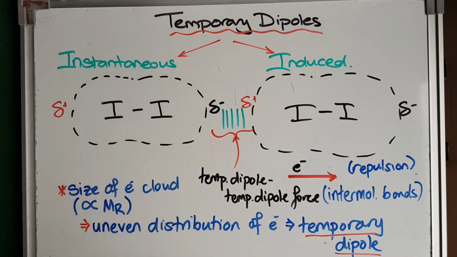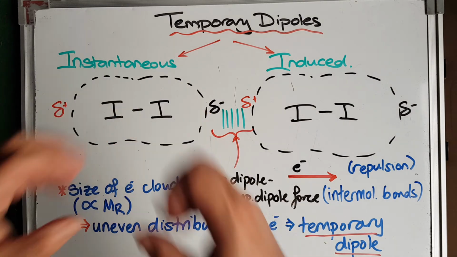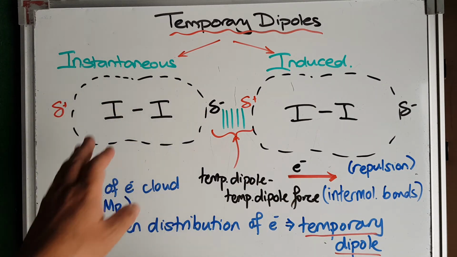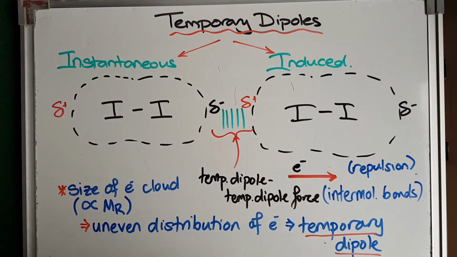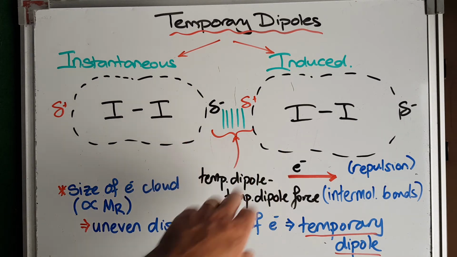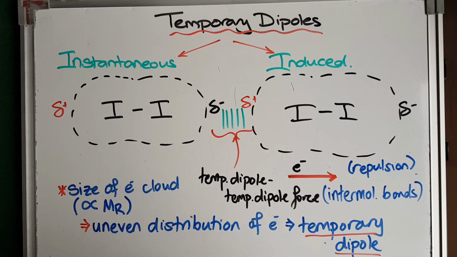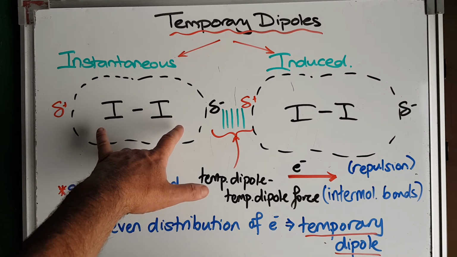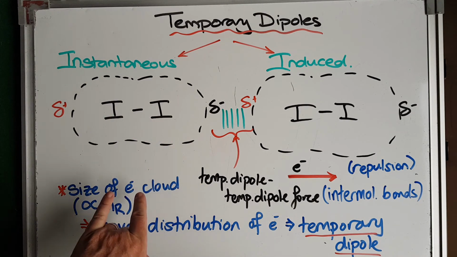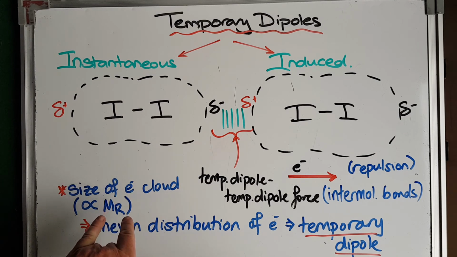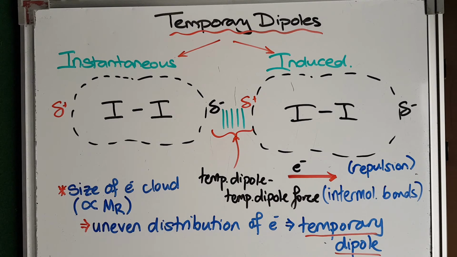And chlorine and fluorine have got really tiny electron clouds compared to the other two. So the chance of them having instantaneous dipoles is much, much lower. That's why their boiling points are so low. The forces between the molecules are pretty much non-existent in those two, because they don't form instantaneous dipoles as readily, because they have a smaller electron cloud, and we can show that with their smaller molar mass.